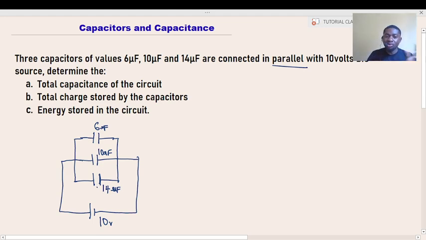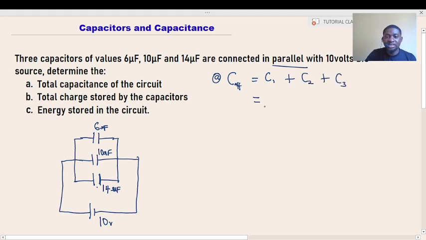Unlike resistors, when resistors are connected in parallel, 1 over the effective resistance equals the sum of the inverse of each of the resistors. But here, the effective capacitance, C effective, is equal to the total sum of all the capacitances in the circuit, C1 plus C2 plus C3.